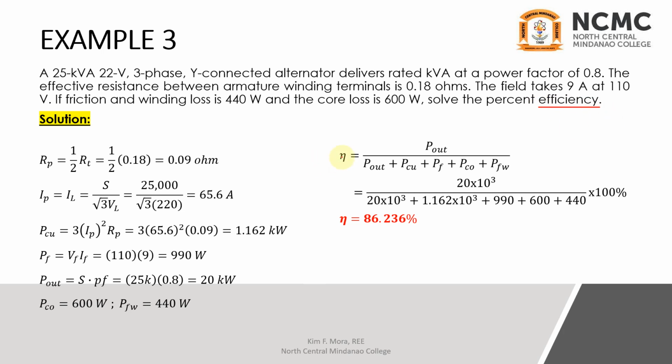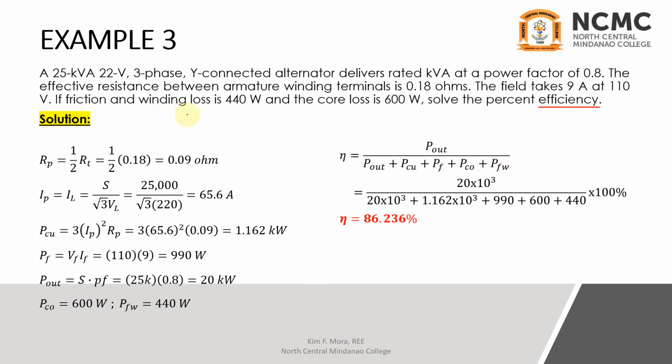So formula sa efficiency, so by the way ang symbol sa efficiency, no, mura siya N, that is equal to the output power over the output power plus the losses, no, itong upat ka losses.